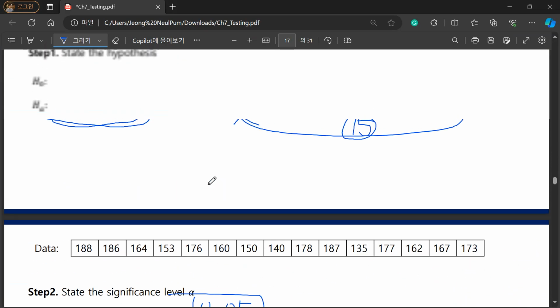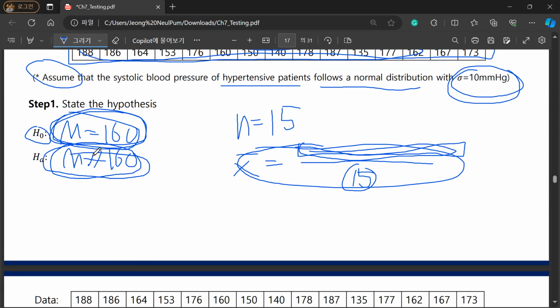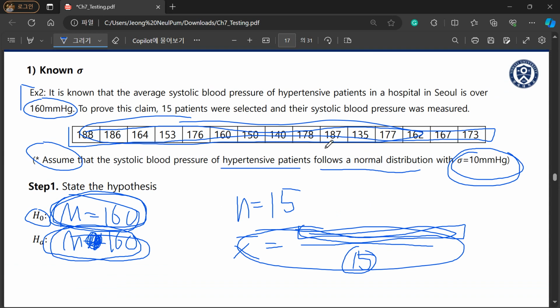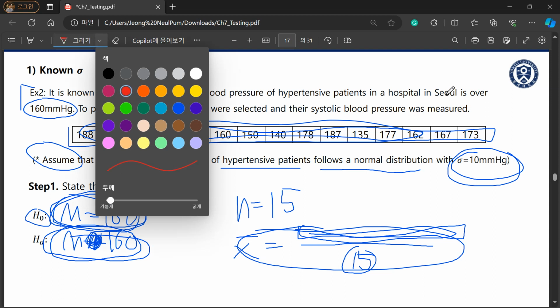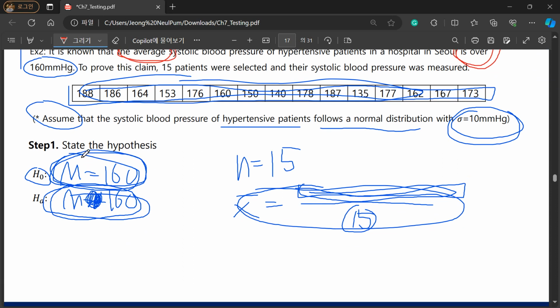And there has to be some question, oh sorry, this is not the not-equal sign, but you have to make sure that their claim is that their average value is over 160. So if the null hypothesis is this, the alternative hypothesis is that mu is greater than 160.